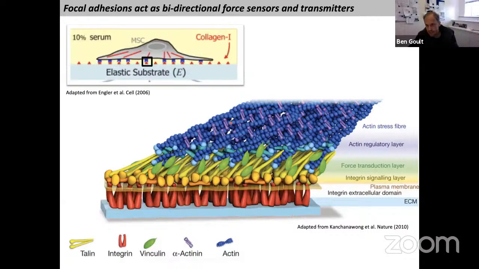And then it's got an extensive connection to the force-generating machinery and the cytoskeleton shown in blue. And the focus of our research is on this computational layer, this yellow and green part. And this is where we think all of the, well, not all, but a lot of the computation which is happening through these adhesion sites is occurring in what was originally called the integrin signaling layer.